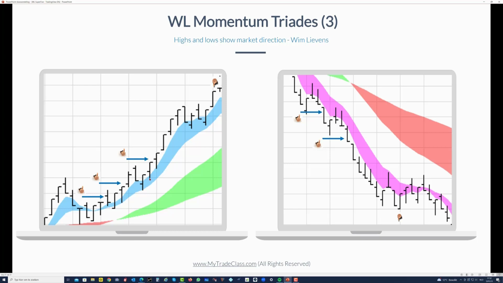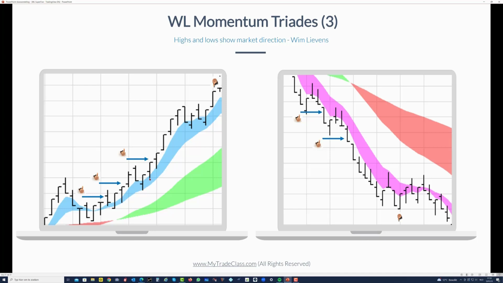You could change how you want this, but I always use magenta and light blue. And when this cloud is in a certain position combined to the WL trend, when these market conditions are good, then it will trigger these signals. So when I get these triads on this blue or magenta cloud, it will trigger signals.